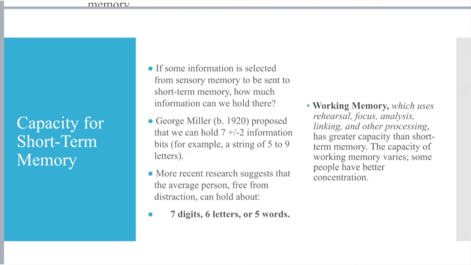We're going to remember those 2 words, and by and large, we are then, how many? Plane, Pizza, 5. We're remembering 10 letters, right, because we're associating meaning to those letters. Working memory, which uses rehearsal, focus, analysis, linking, and other processing, has greater capacity than short-term memory, right? The capacity of working memory varies from people who have better concentration or not as good concentration.